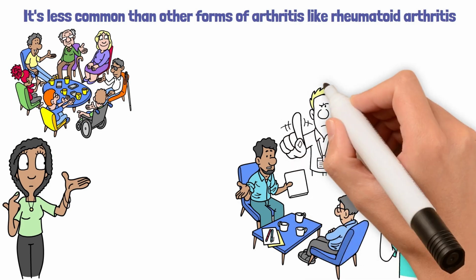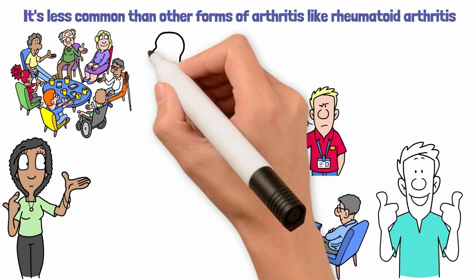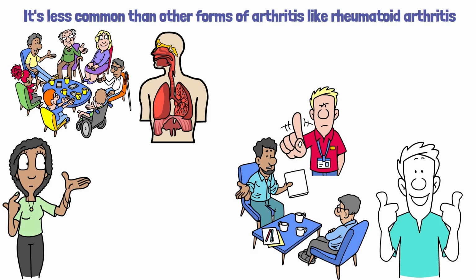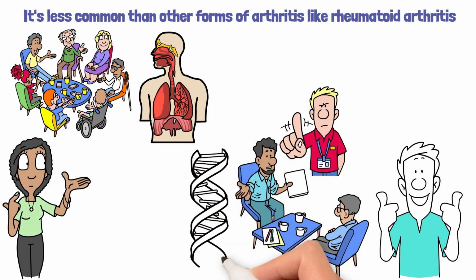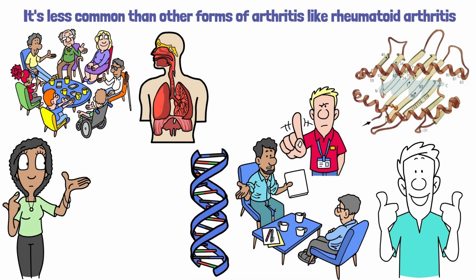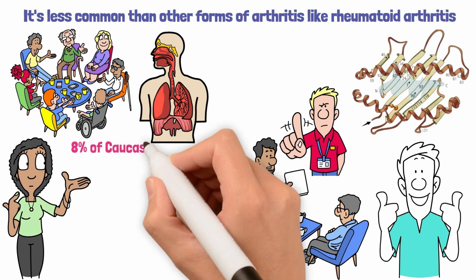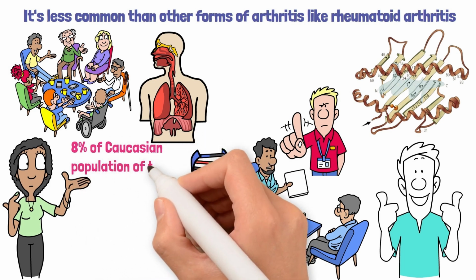The exact cause is not yet fully understood, but it is believed to be linked to the immune system, with a particular focus on certain genes involved in the immune response. One such gene, called HLA-B27, has been identified, but this is found in up to 8% of the Caucasian population of the UK.